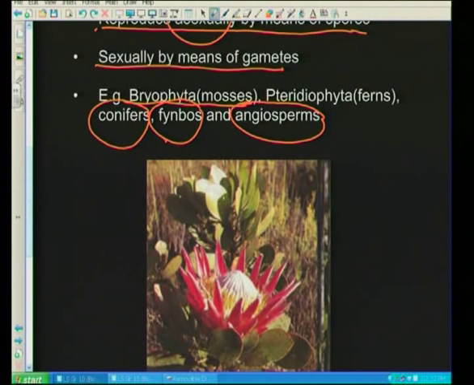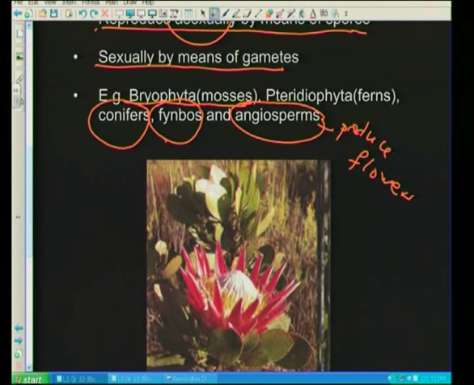Angiosperms are flowering plants, and this is a phylum of the plants because they produce flowers. So all flowering plants belong to the phylum Angiosperms.